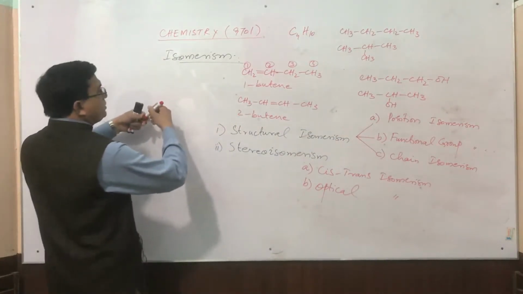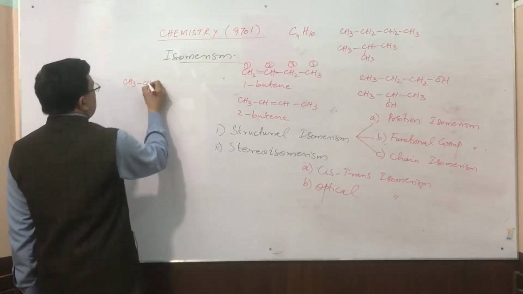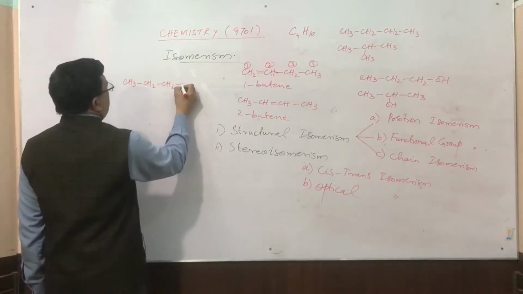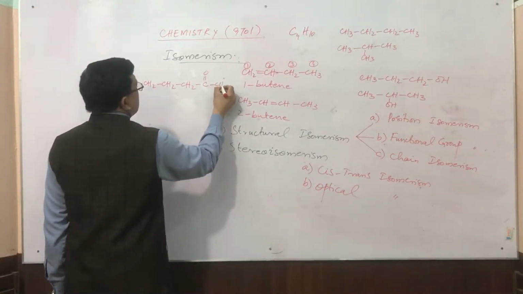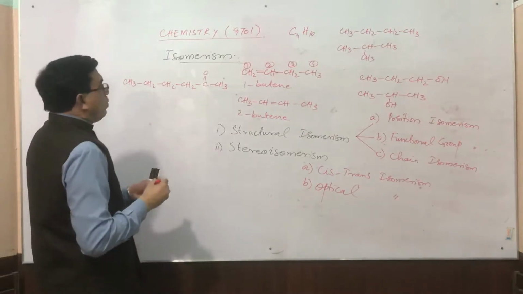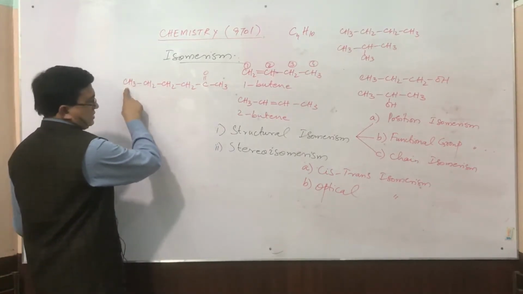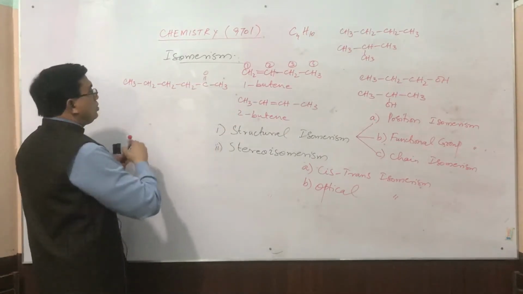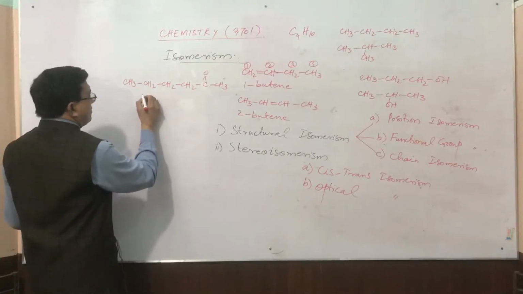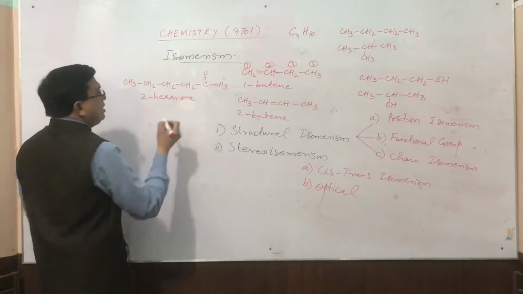Another example of position isomerism is CH3, CH2, CH2, CH2, then C double bond O and CH3. What is the name of this? Numbering 1, 2, 3, 4, 5 and 6, this is 2-hexanone, a ketone.